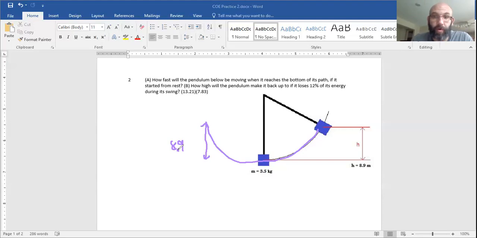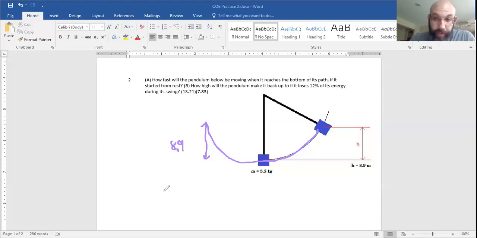That's why the first hill of all roller coasters is always the biggest hill. It's like a gravity roller coaster, because that's where all of the energy for the ride comes from. So same idea: you can't get higher than 8.9 meters. If we lose 12%, that just means our height is going to be 12% smaller than 8.9. It's just going to go up that much less.